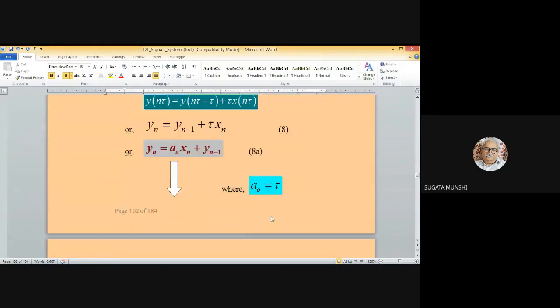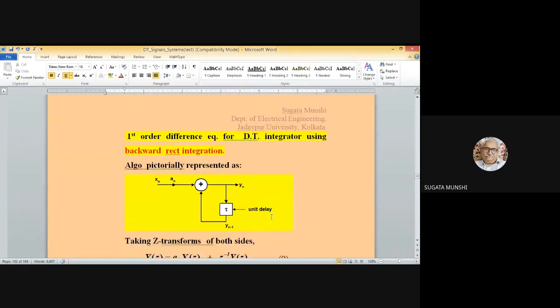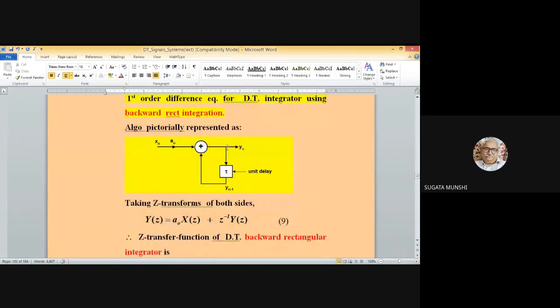So what will be the pictorial depiction of this algorithm? This is the case. You have x[n] here. a0 is stored in some memory location, and the value of y[n] is fed back to this adder. It's delayed and then fed back through this adder. So if you have y[n] here, here you have y[n minus 1].